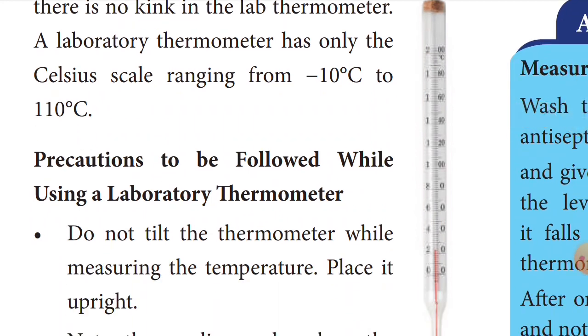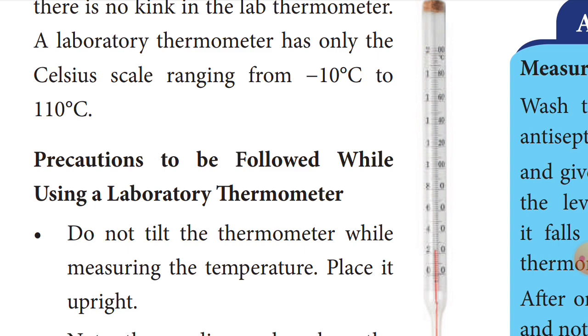This type of thermometer has only the Celsius scale, not the Fahrenheit scale. In the clinical thermometer, both the Celsius scale and the Fahrenheit scale are given. But this laboratory thermometer has only the Celsius scale, ranging from minus 10 degrees Celsius to 110 degrees Celsius.